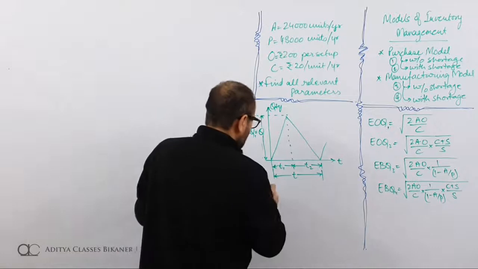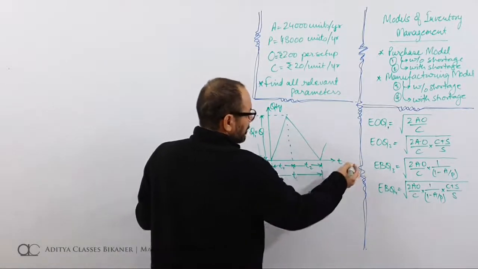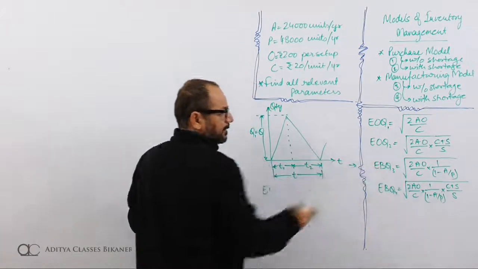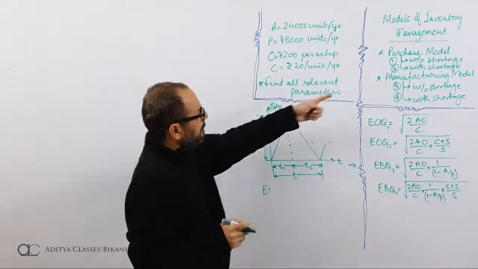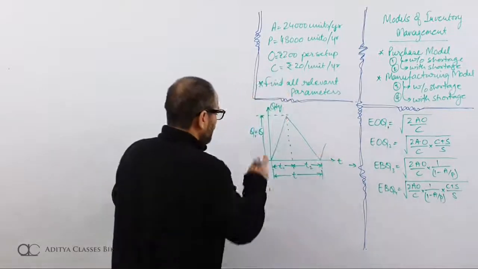Now, should we start with EBQ? EBQ as it is we have over here. We have our manufacturing model without shortage. So EBQ we already have. What about Q1?